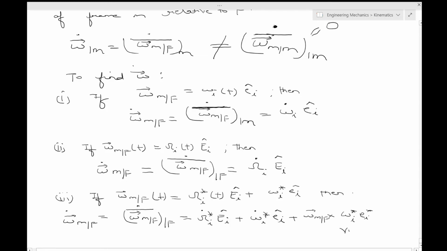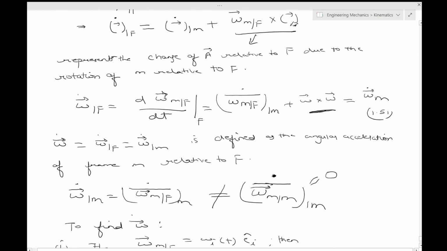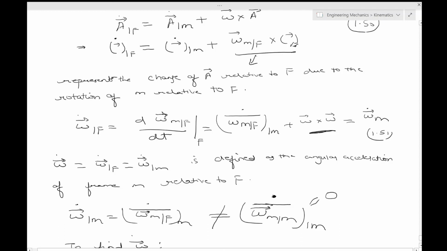What you have to do is use something like this, or equation 1.50.